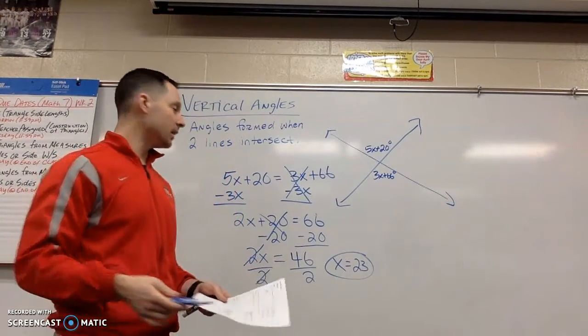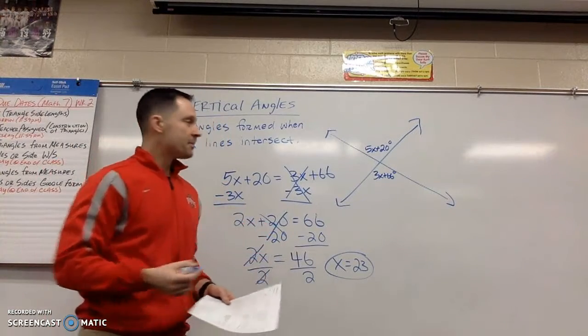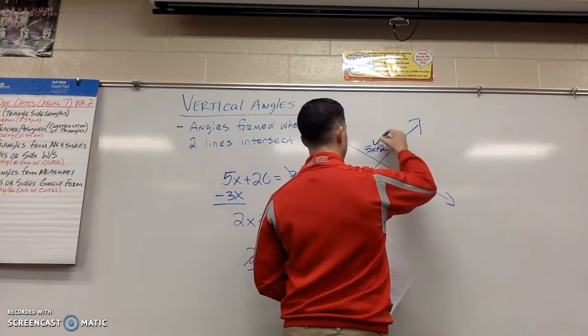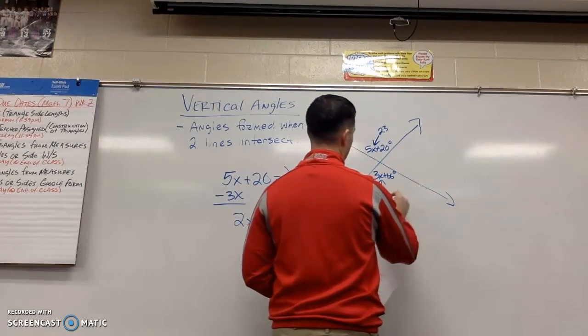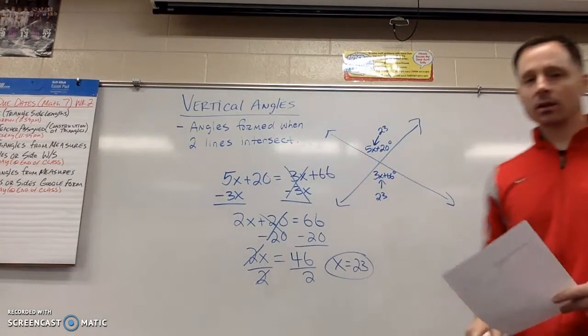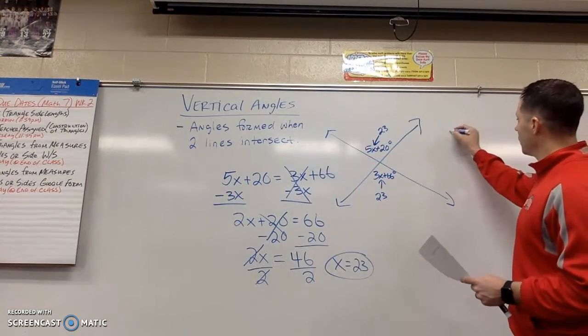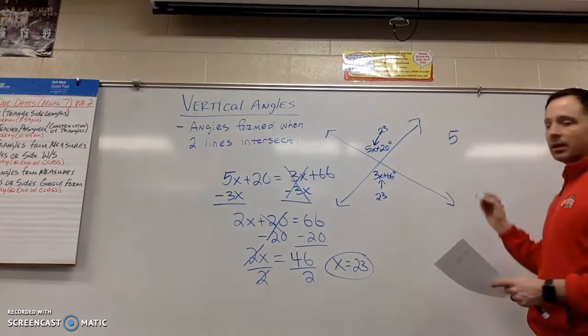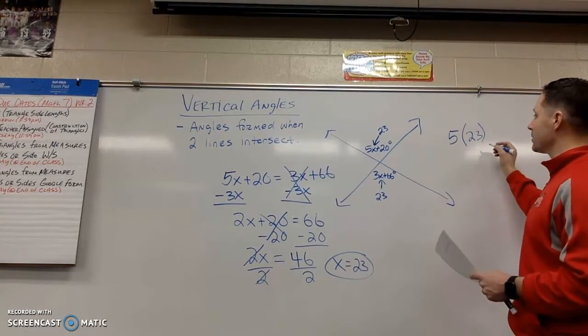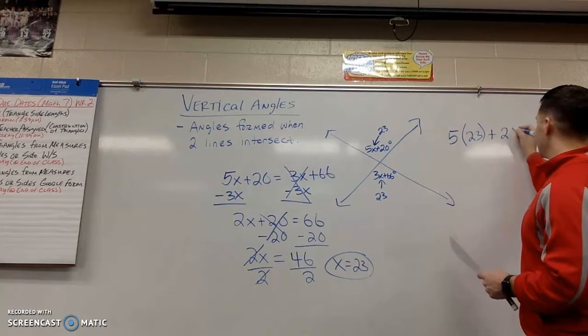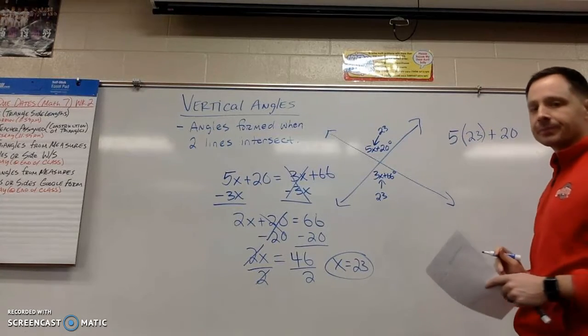So let's plug our 23 back into this expression and this expression. So instead of 5x, I'm going to substitute x with 23 because that's what we solved for. And then don't forget the plus 20.